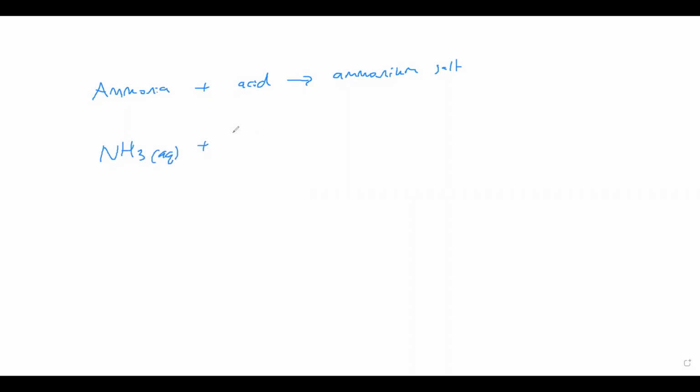So we'll say that it's reacting with nitric acid. And this produces ammonium nitrate. So NH4NO3. So whenever you react ammonia with an acid, you always just produce the ammonium salt, whatever your acid may be. If you reacted it with hydrochloric acid, then you would produce ammonium chloride as your product.